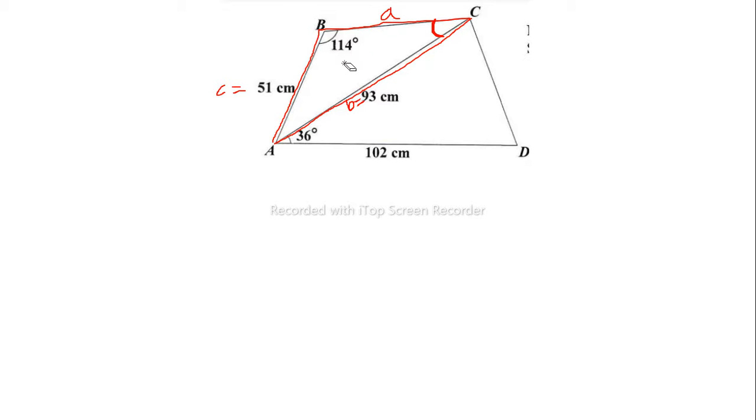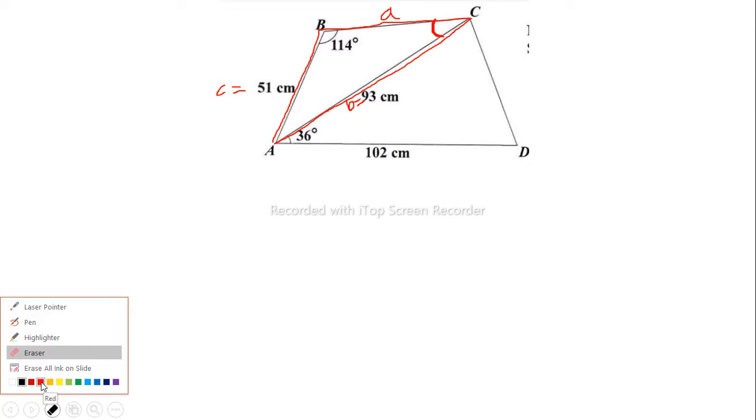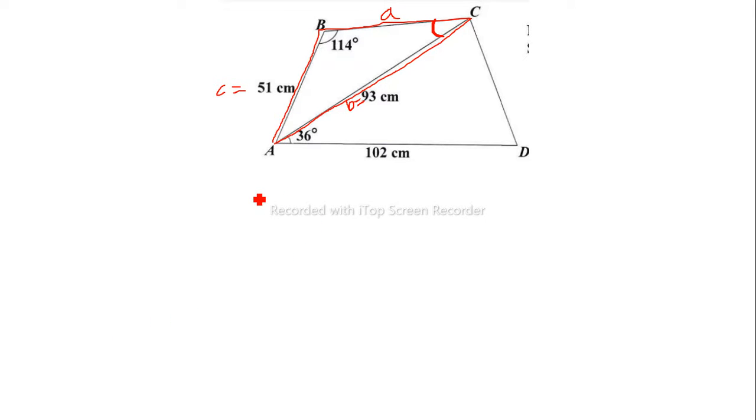Okay, so when we're trying to find the angle, we'll say sine of capital C equals sine of capital B divided by small c, and small b.